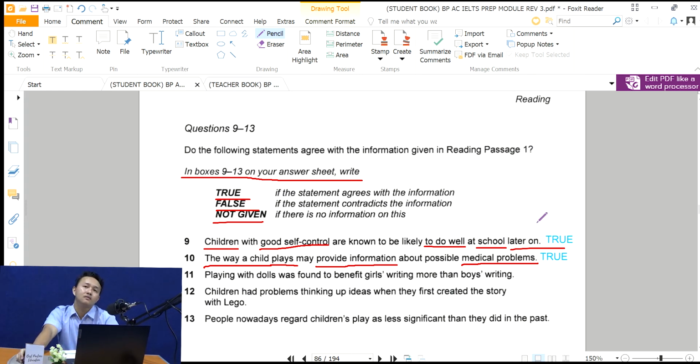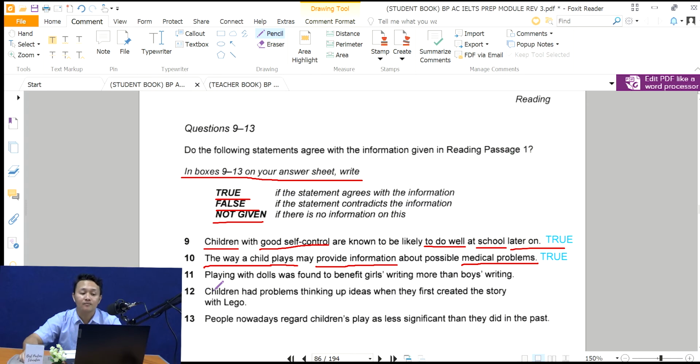Okay, so do not write only T, only F, or only NG, but write TRUE in all capital letters, FALSE in all capital letters, and then NOT GIVEN in all capital letters. And do not forget the space, NOT GIVEN. Okay, so do not write not and then given as one word. Okay, it will make you lose marks. Don't do it.